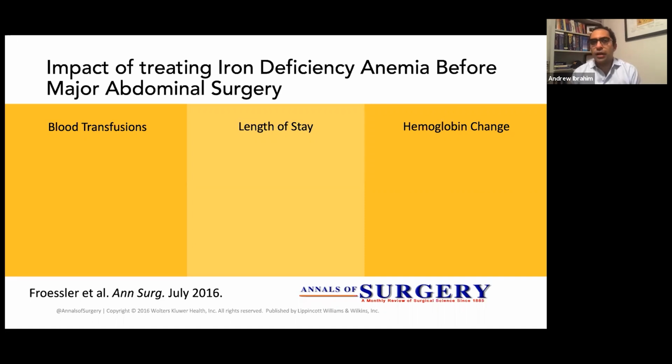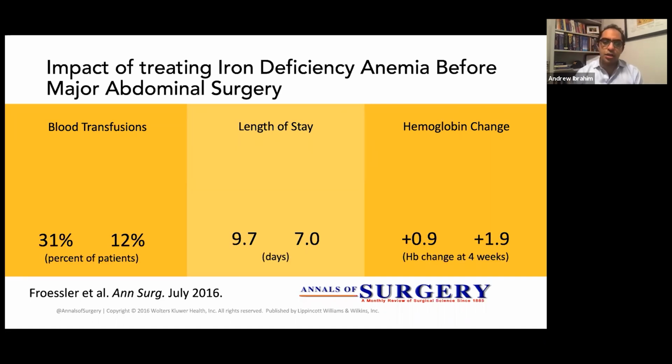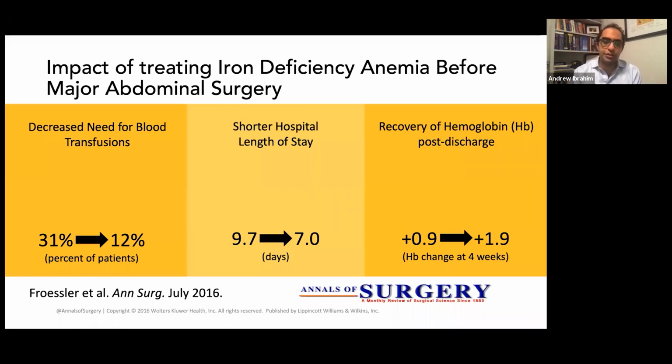Now, I told you my audience is technical, like they want to know details. So then what I did is I thought, what is the data that supports those 3 messages? What's the data on blood transfusions, length of stay, and hemoglobin change? So I went through the article and pulled out the specific data points that go with those. And then I added some directionality.